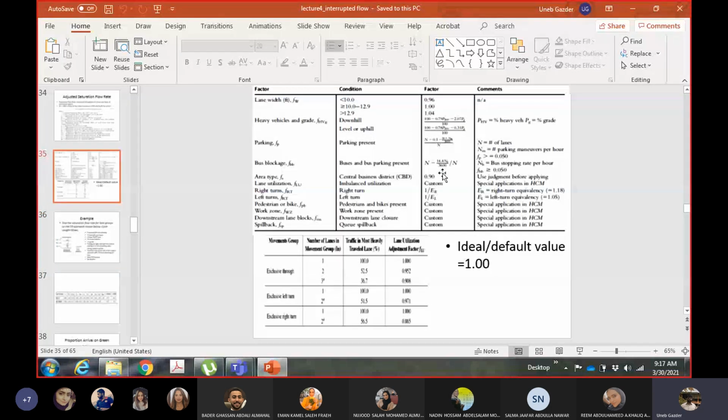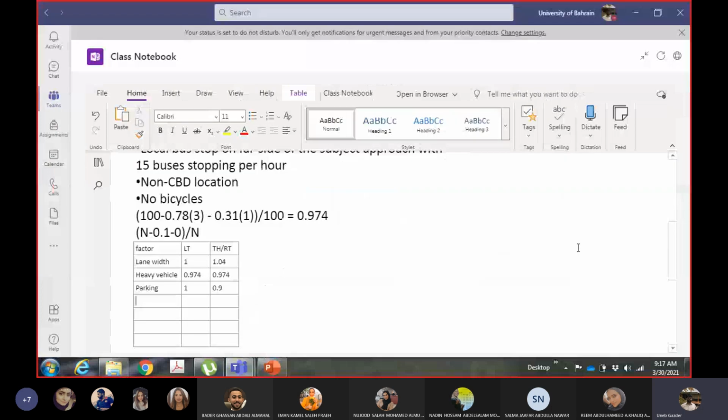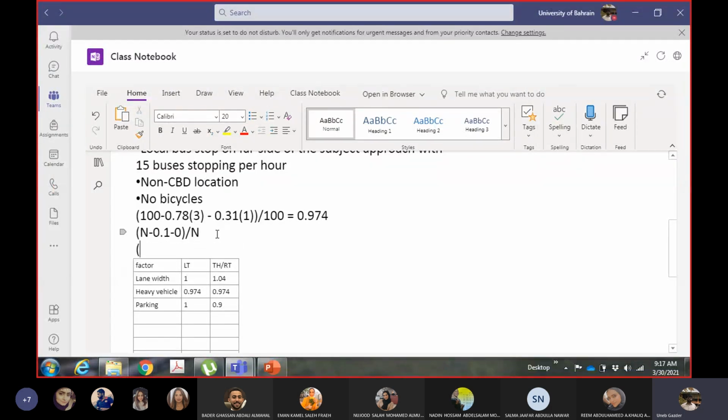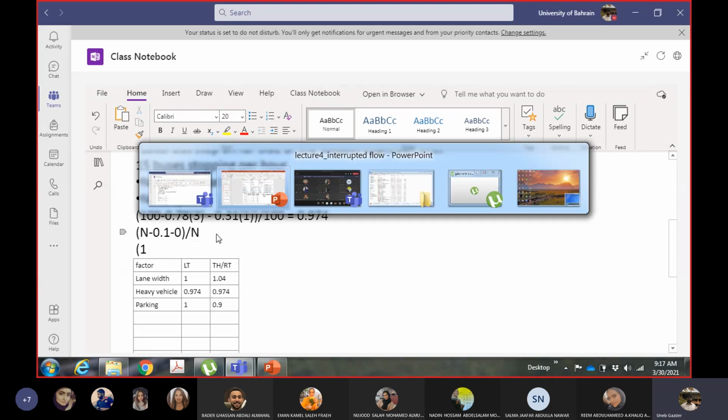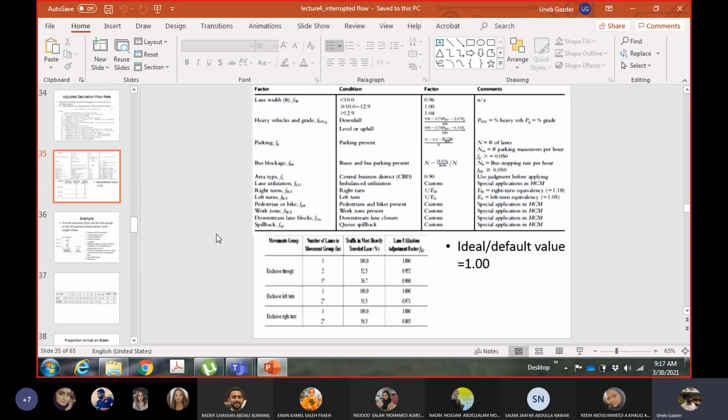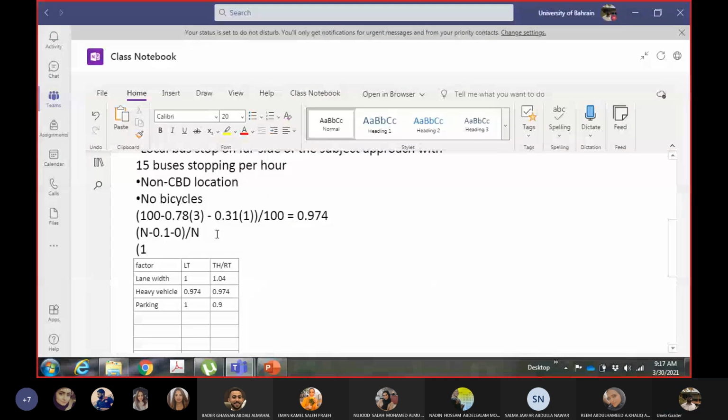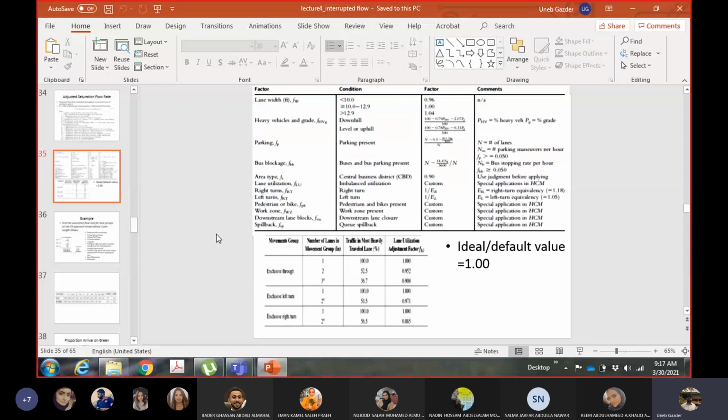Let me write down the equation here: n is 1, minus 14.4 times the number of buses stopping per hour.